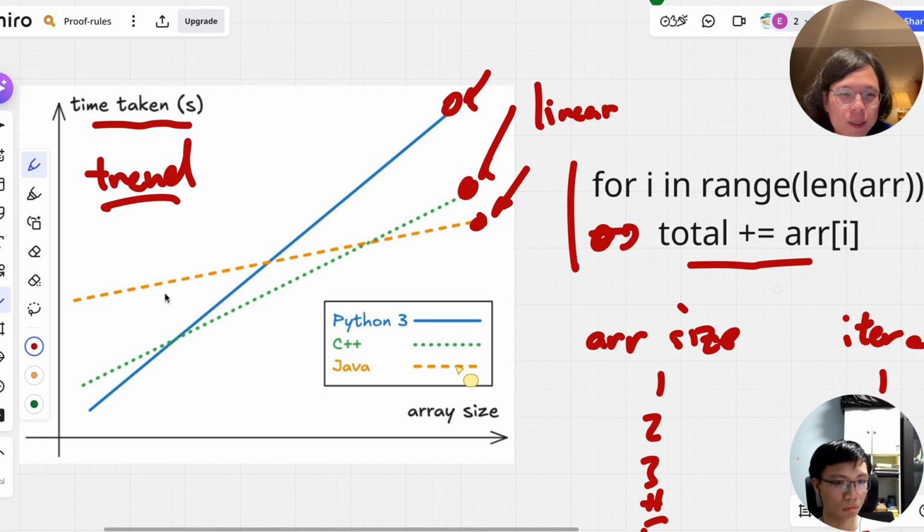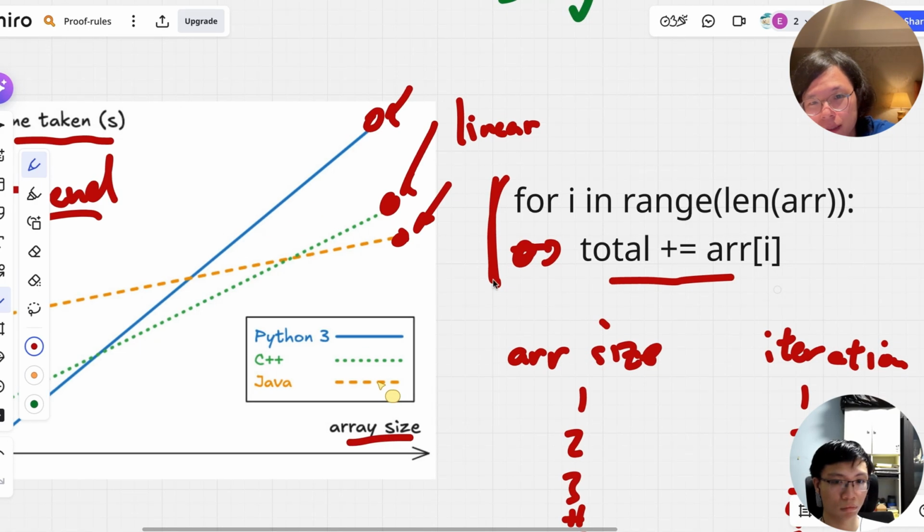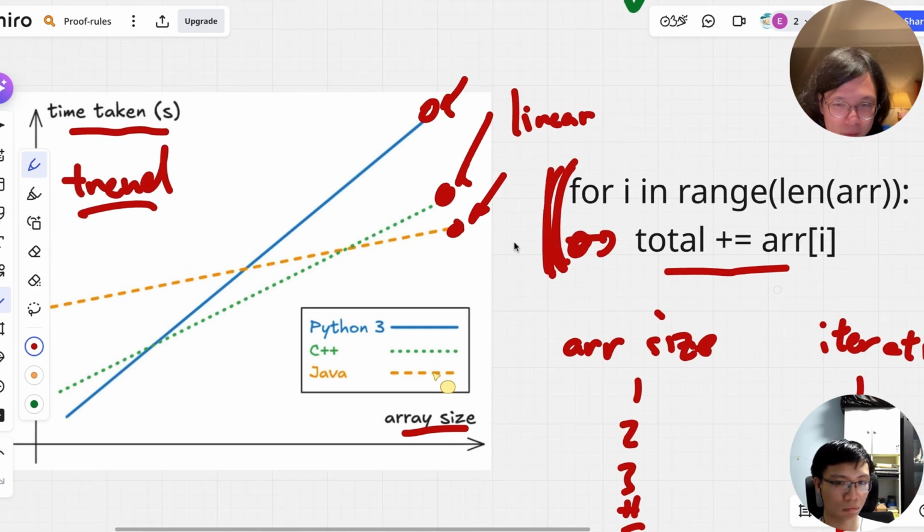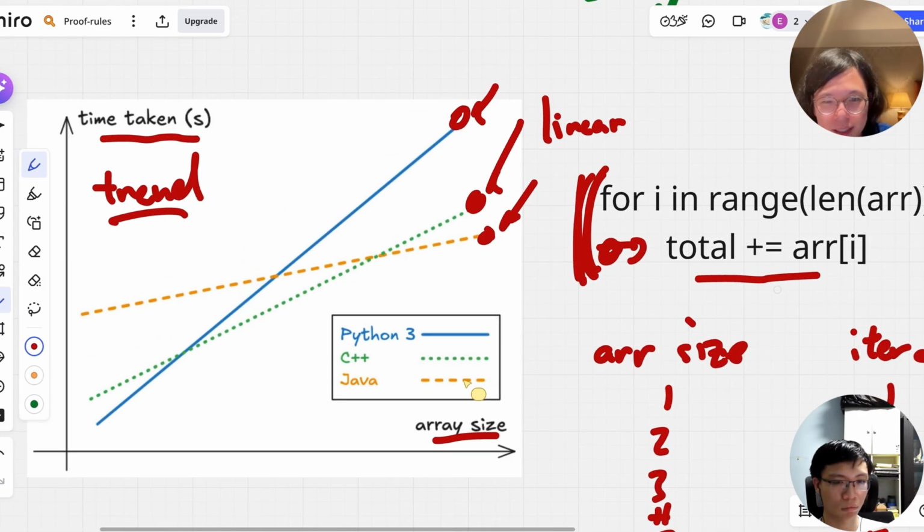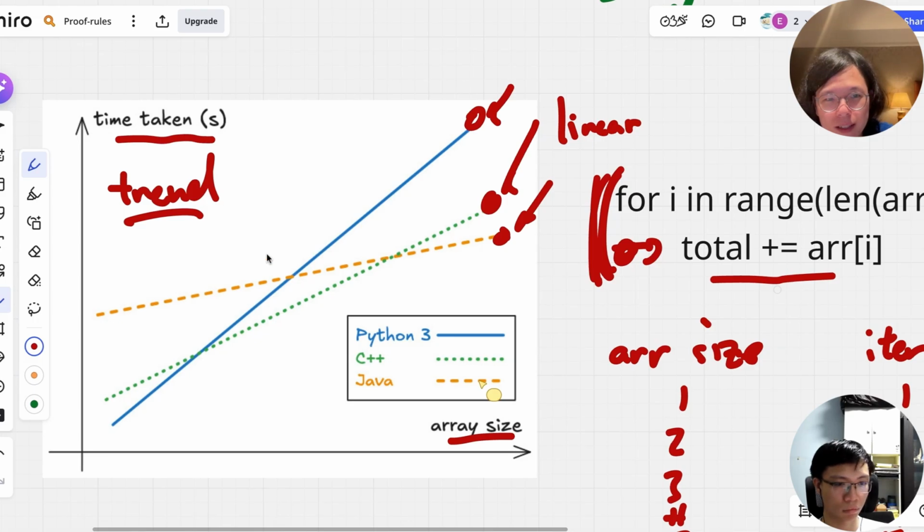So we want a way to communicate that this running time is just some linear trend of the array size. This is only specific to this kind of code, because different programs give you different trends. But in computer science, this is something that we really care about a lot. We don't care about the exact running time or the exact curve. We care more about the long-term running behavior of the code.